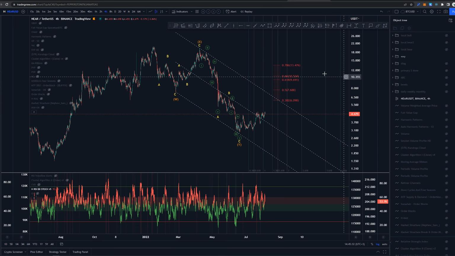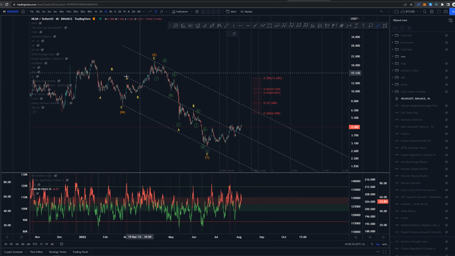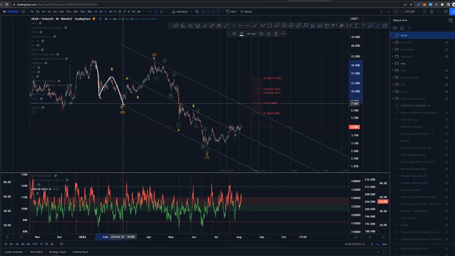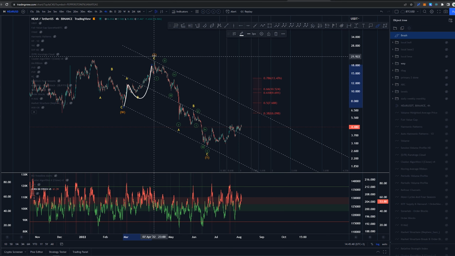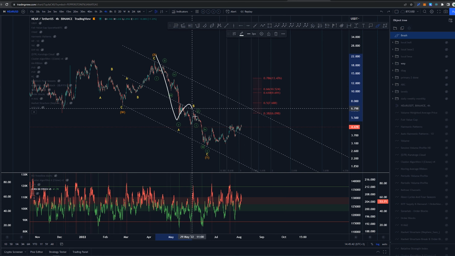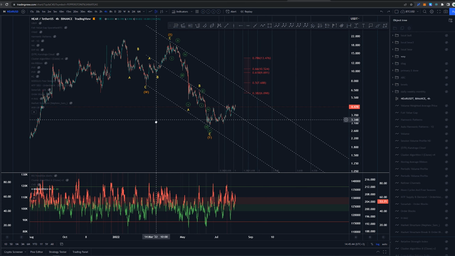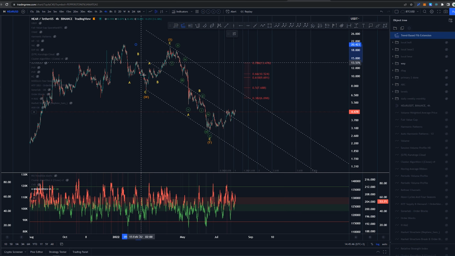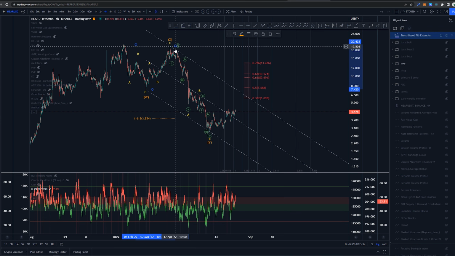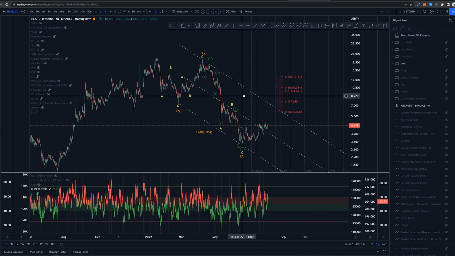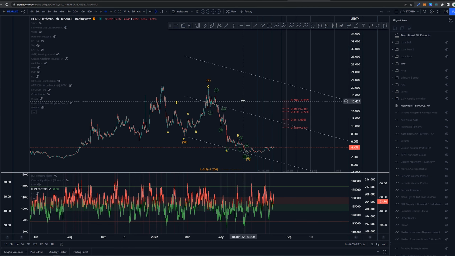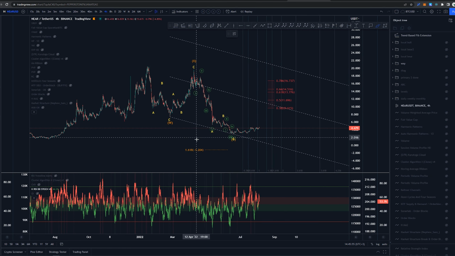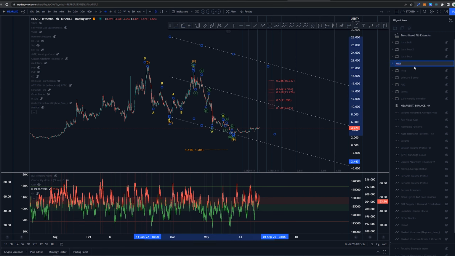The other way to label this would be, again, having the same highest point here, an ABC here into W, ABC into X, and then ABC into wave Y. However, on logarithmic scale, again, we are running into the issue that this is going to go beyond the 1.618, which we keep as an invalidation. On arithmetic scale, we have no issue, so again, I would be looking at this more on the arithmetic scale.